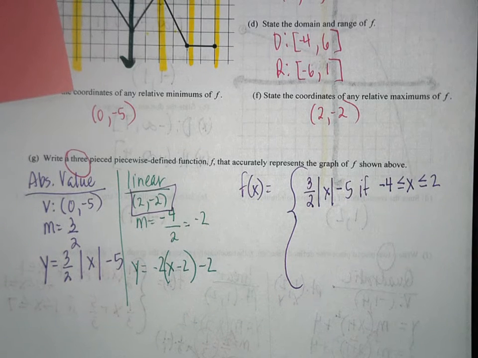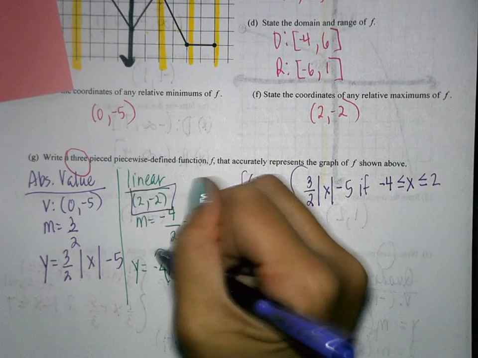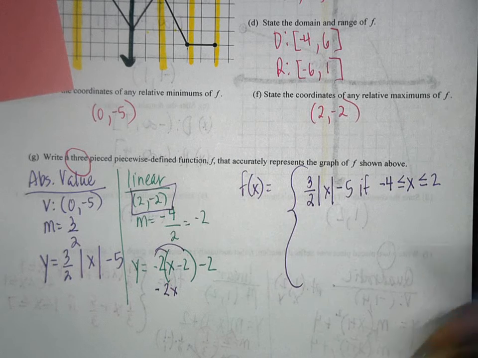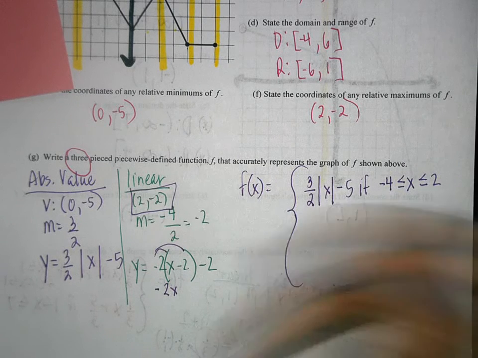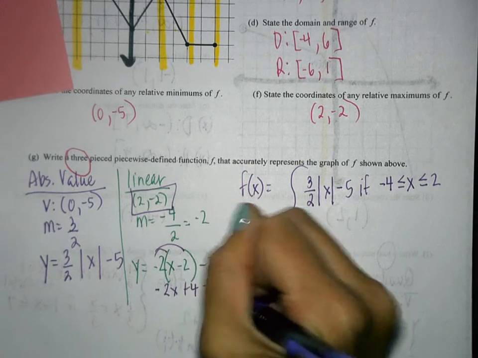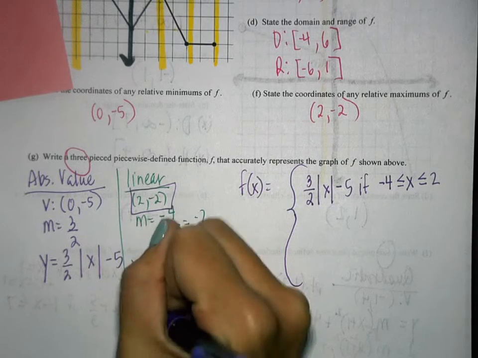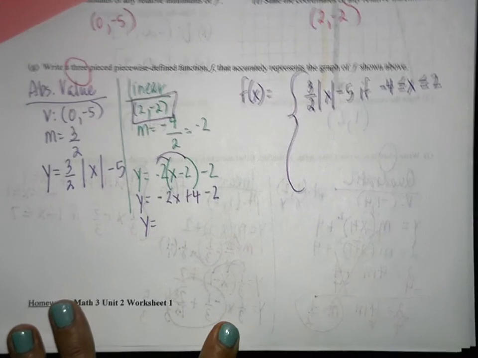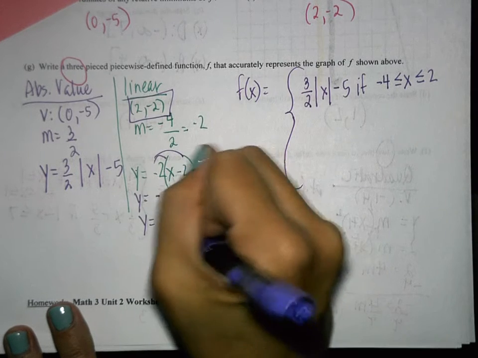Now, what do you think I should probably do? Distribute and simplify. So I'm going to distribute there, and I get -2x, and what's -2 times -2? +4, minus 2, and then when I simplify, I end up getting what? Good. Y equals negative 2x plus 2.